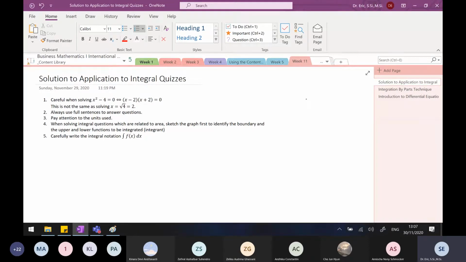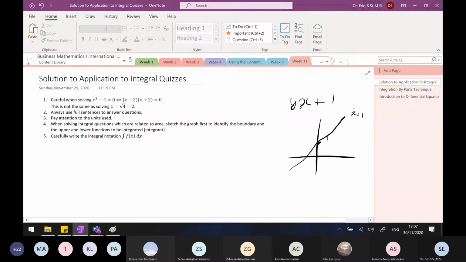If you have y equals x plus 1, the intercept is 1 here. You have to have the main attributes of the graph. The slope will give you 1, so you cannot have this one.